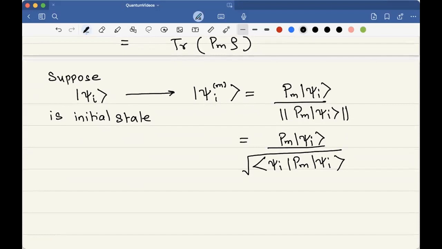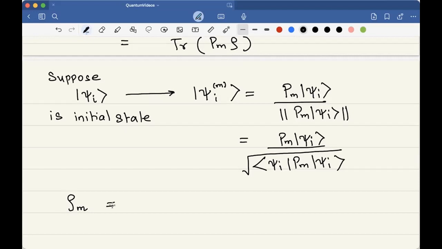Now we have to find what will be the post-measurement density matrix. So we want to know, if outcome m was obtained, what is this post-measurement state or density matrix?